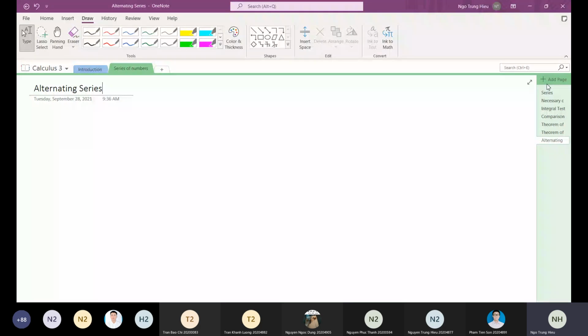So sometimes you see that we have a series like 1 plus 1/3, 1/3 squared, 1/3 cubed, 1/3 to the fourth, and so on.